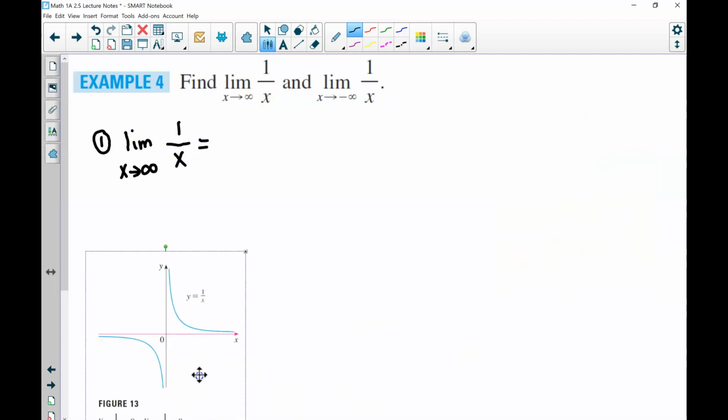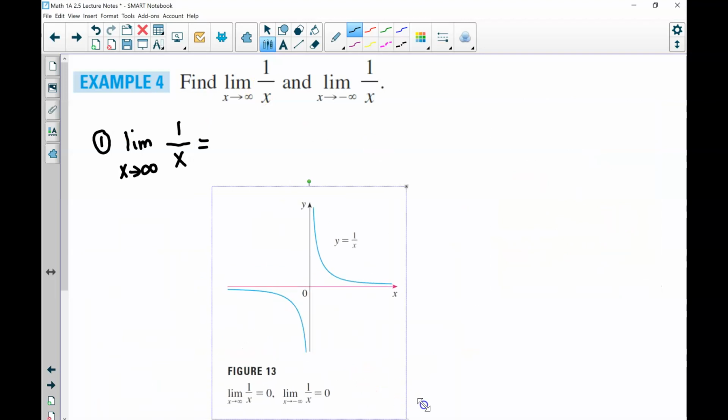Let's take a look at this graph here. As x is approaching positive infinity, the function is approaching what? It's approaching 0.